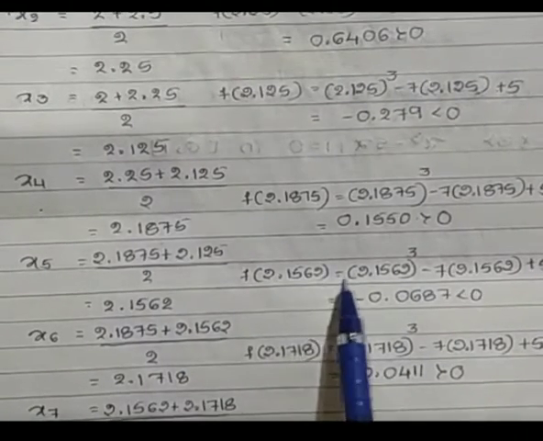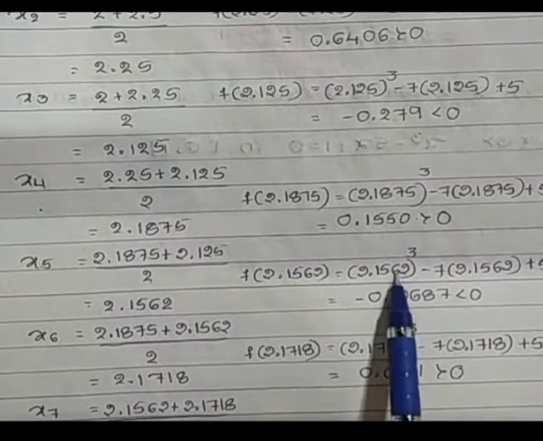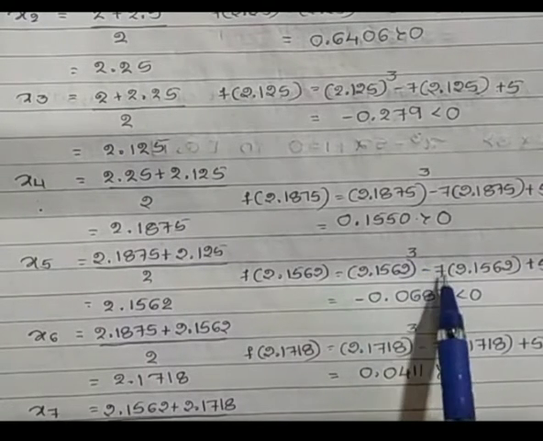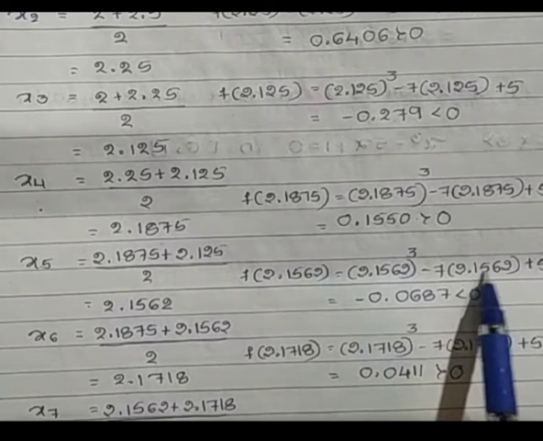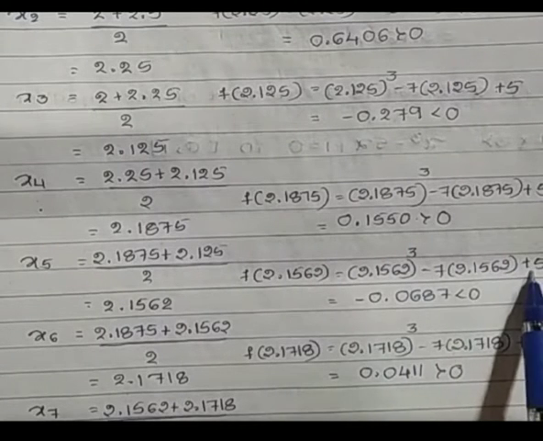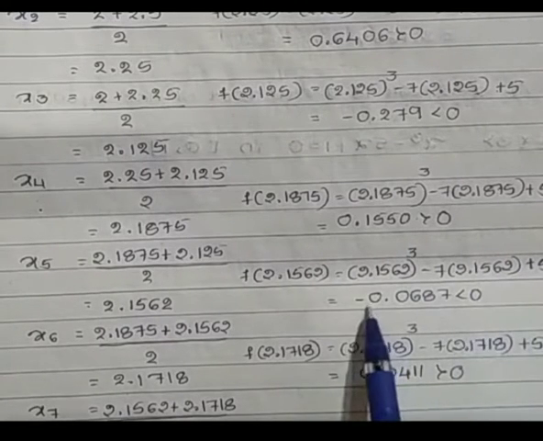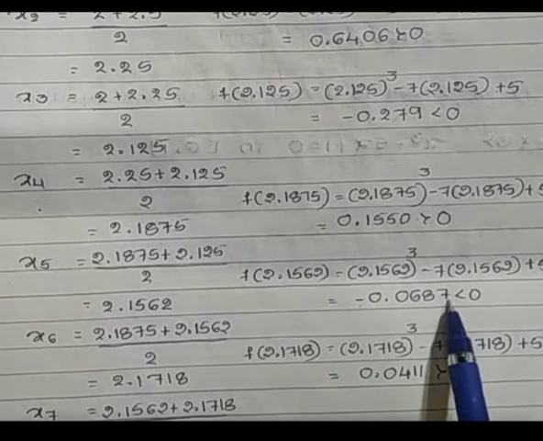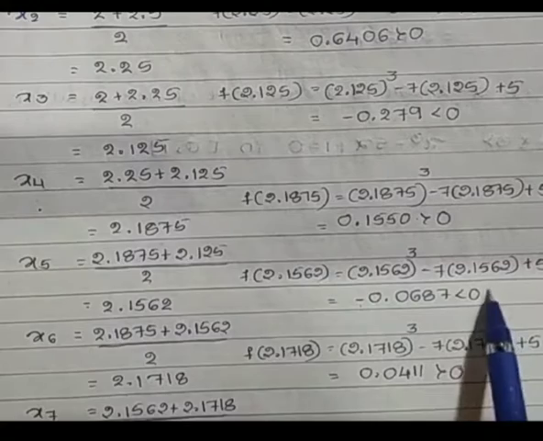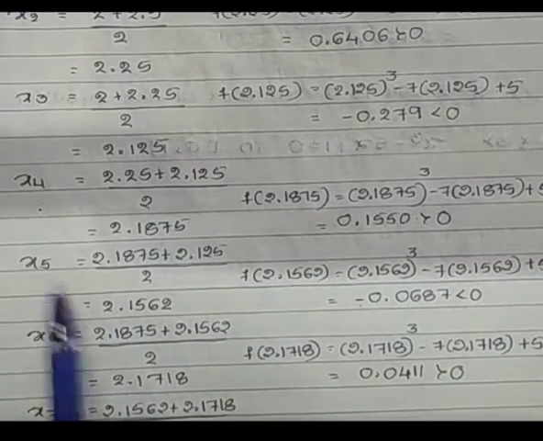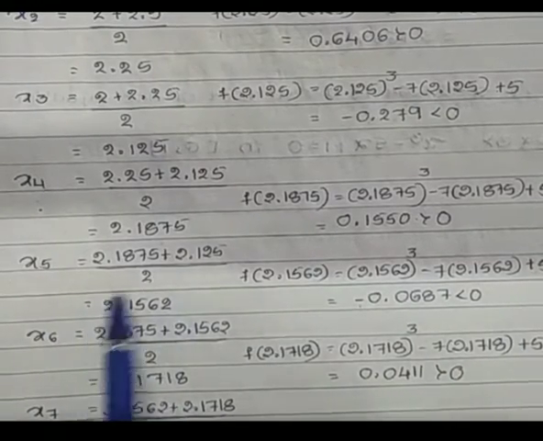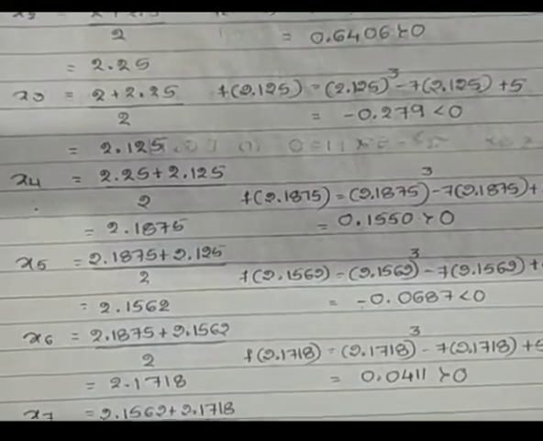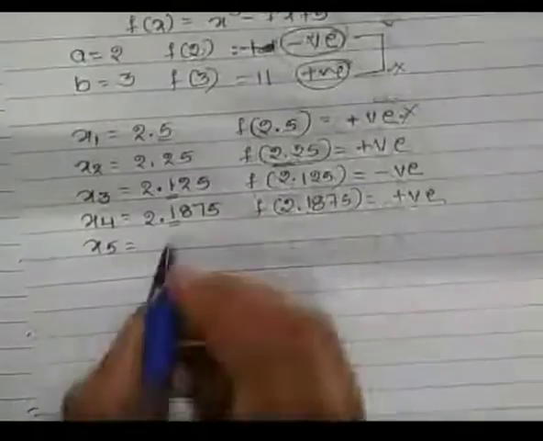Next, substitute this value in the function, that is f of 2.1562, which is equal to 2.1562 raised to 3 minus 7 into 2.1562 plus 5. Simplify, we will get minus 0.0687, which is less than 0. So what is our x5? x5 is 2.1562.